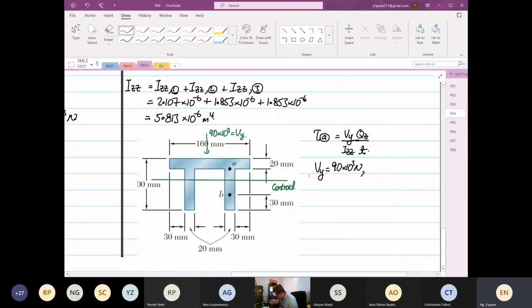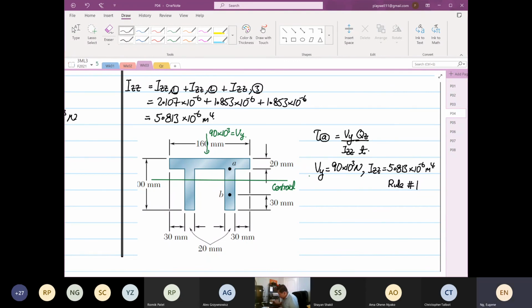We also know Izz is equal to 5.813 times 10 to the power minus 6 meter 4. This is because of rule number 1. Regardless of point A, point B, whatever, V and I are always constant.